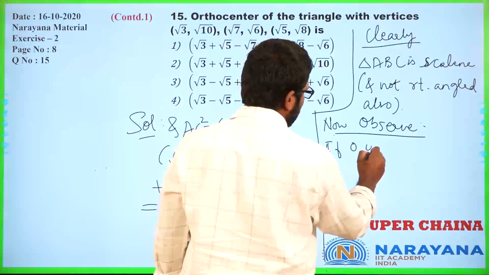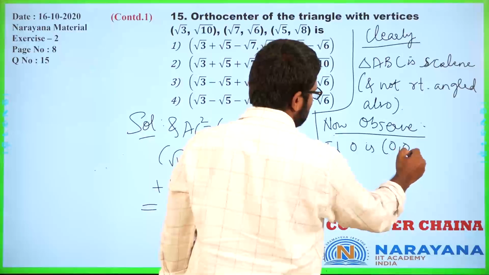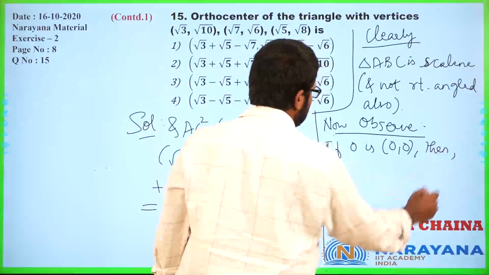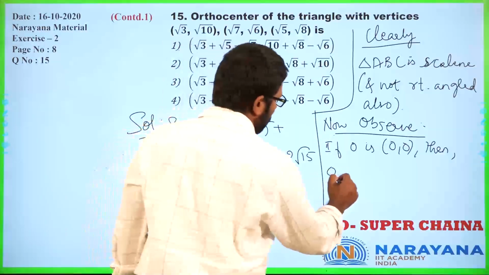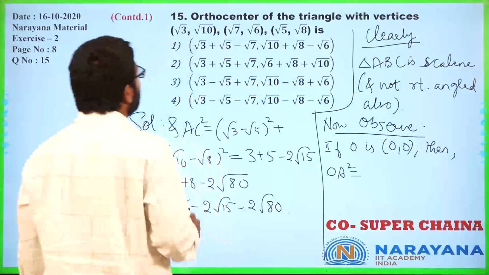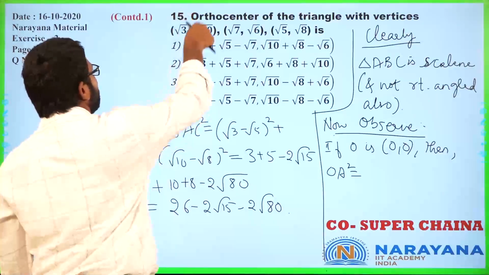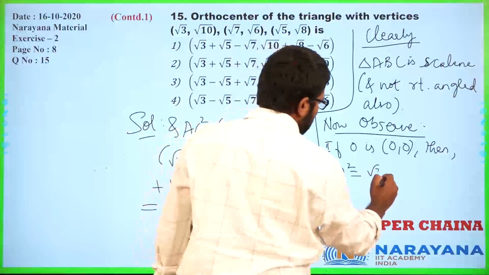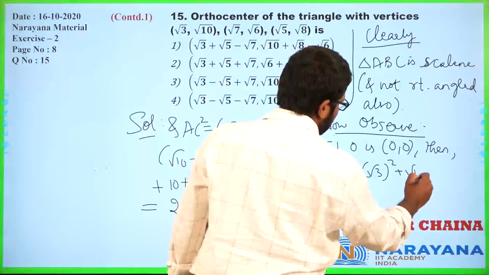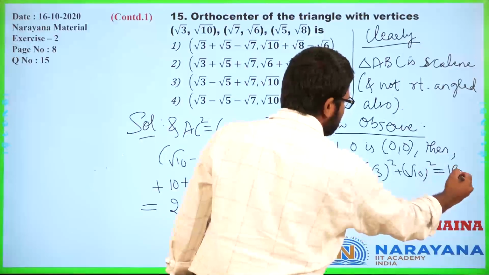if O is 0, 0, the origin, then OA square would be simply x1 square plus x2 square, root 3 square plus root 10 square, which is 13.